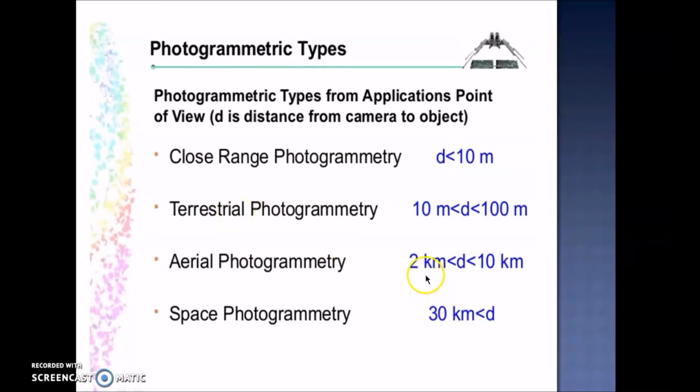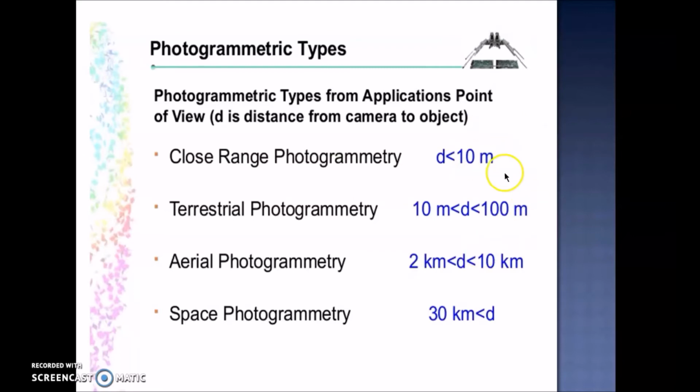If the distance from the camera is about 2 kilometers to 10 kilometers, then we call it aerial photography. Beyond 30 kilometers, the photography is called space photogrammetry.